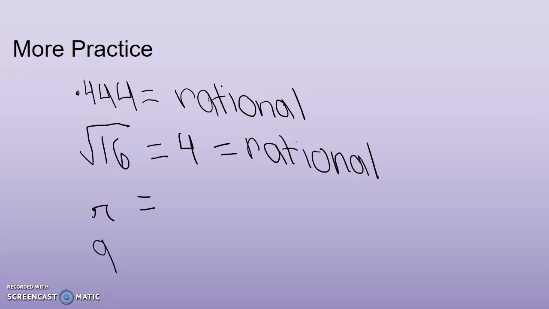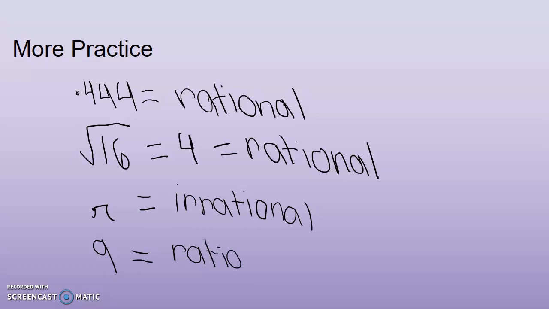Well, pi is a non-repeating decimal, like we said before, so it is irrational. And then we have 9. 9 is a whole number, so it would be rational. If you got these answers, then you are correct.